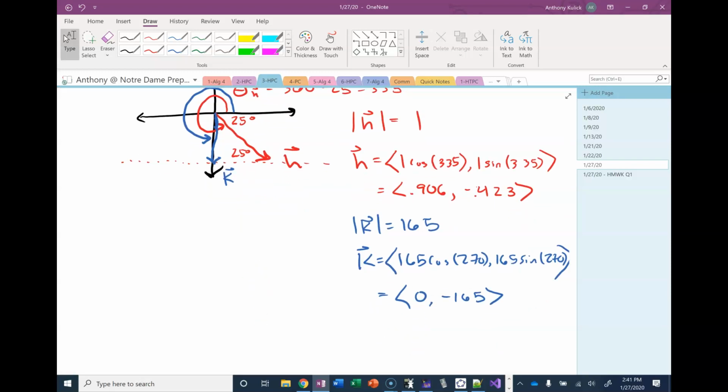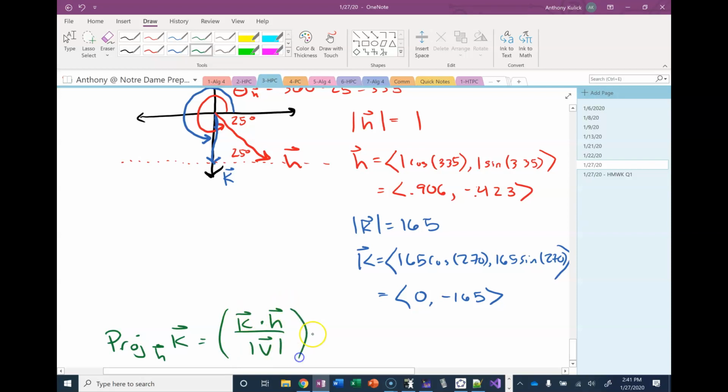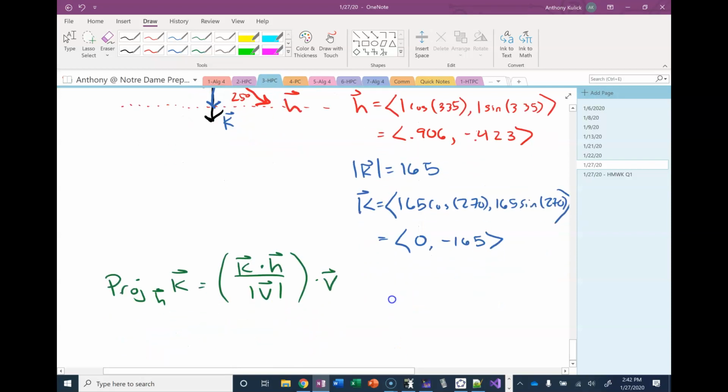Now we want the amount of force going down the hill. So what I want to do is project Kyle's force onto the hill. Everybody okay there?